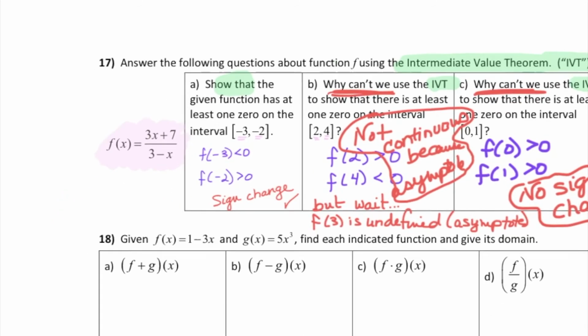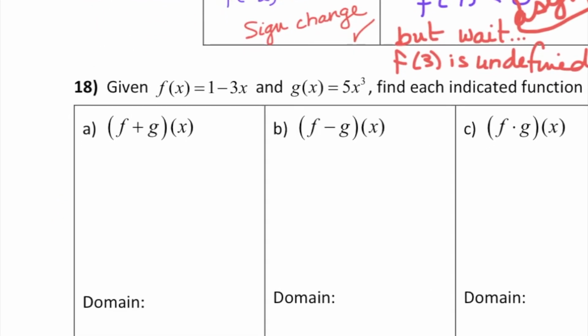So numbers 18 and 19 ask you to do function operations for whatever the given functions are. So in this case, f of x is 1 minus 3x, and g of x is 5x cubed.